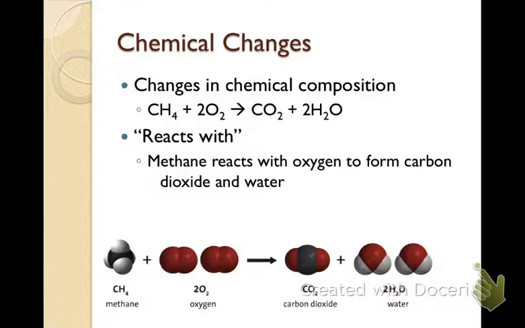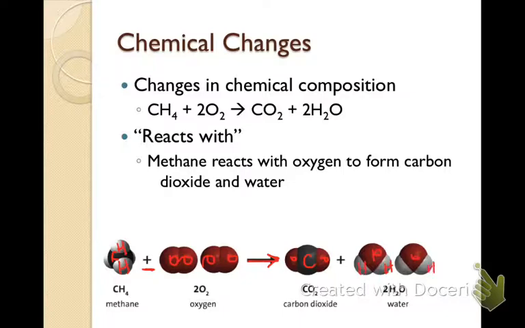Let's take a look at this particle diagram down below. We have methane, which is our CH4, so the black sphere is your carbon, little white ones are hydrogens. You're adding that to oxygen, so these red spheres are oxygens, and it's producing carbon dioxide and water.